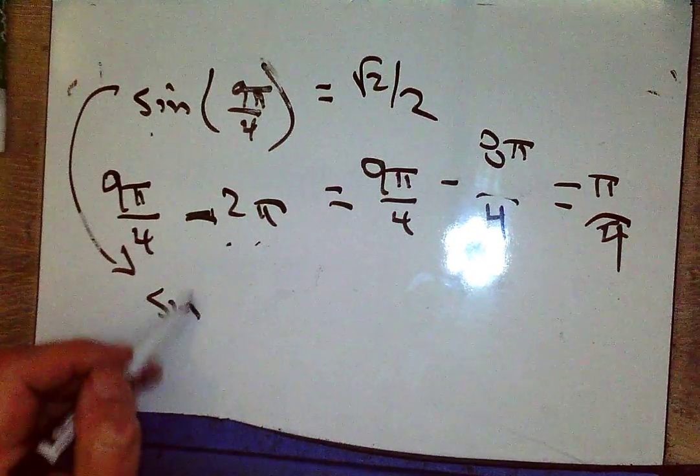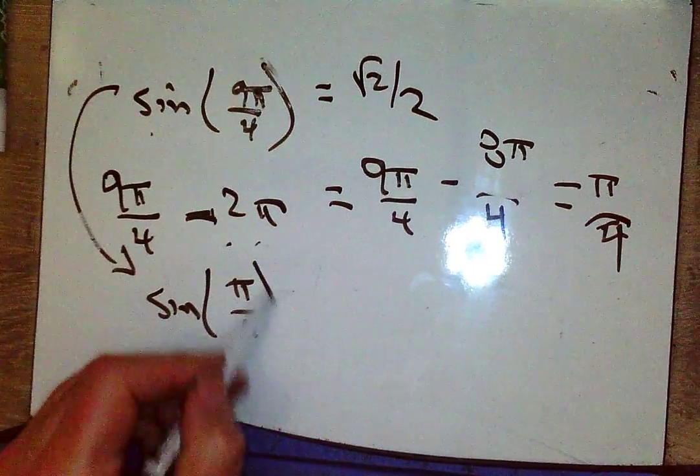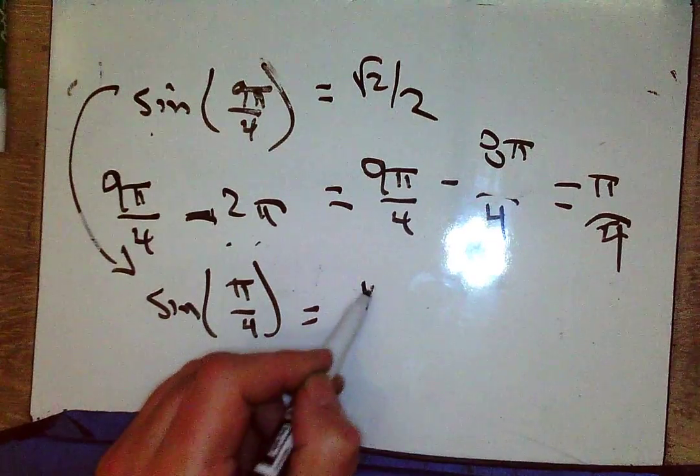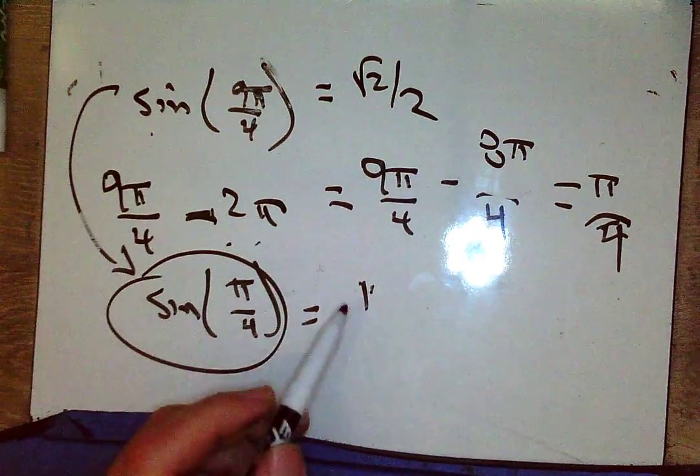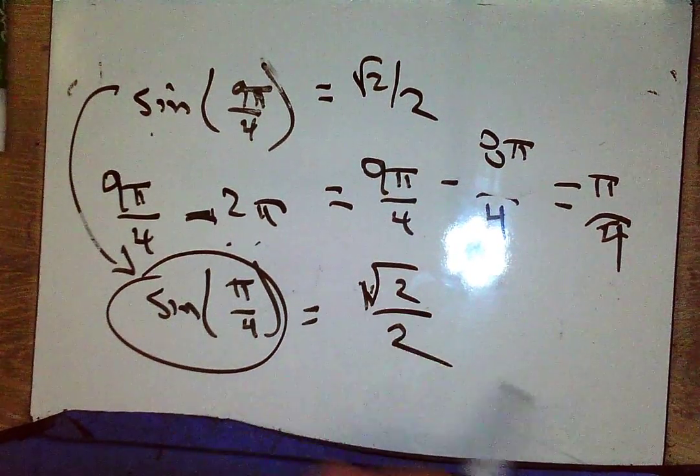And so what's the sine of 1 pi over 4? That's just root 2 over 2.